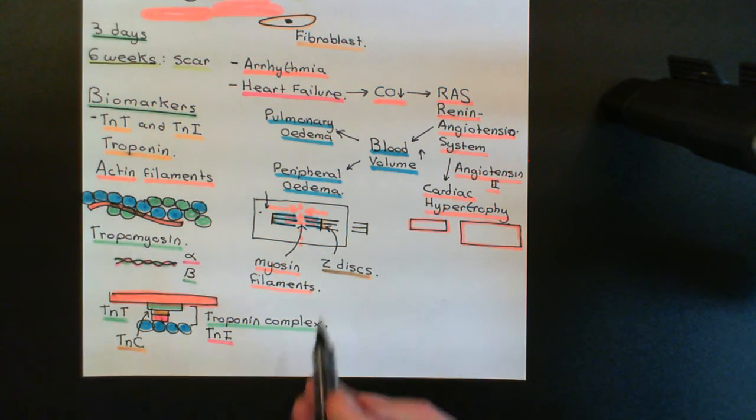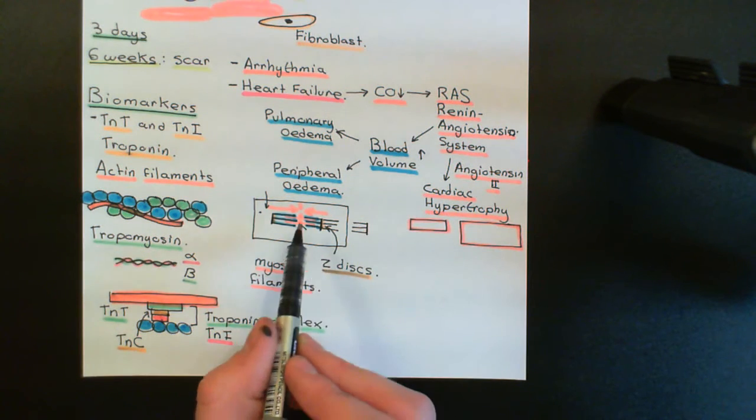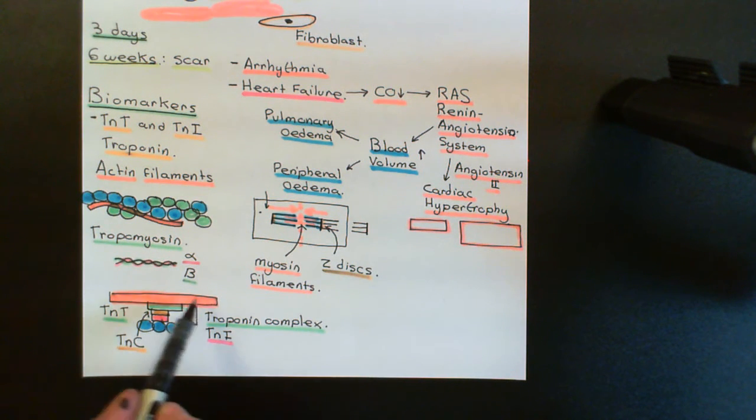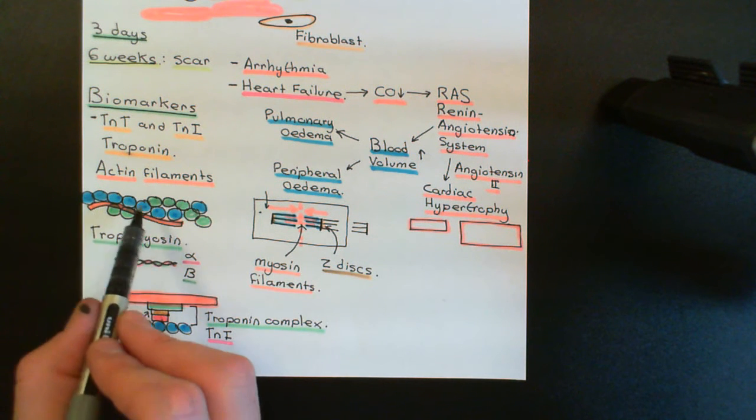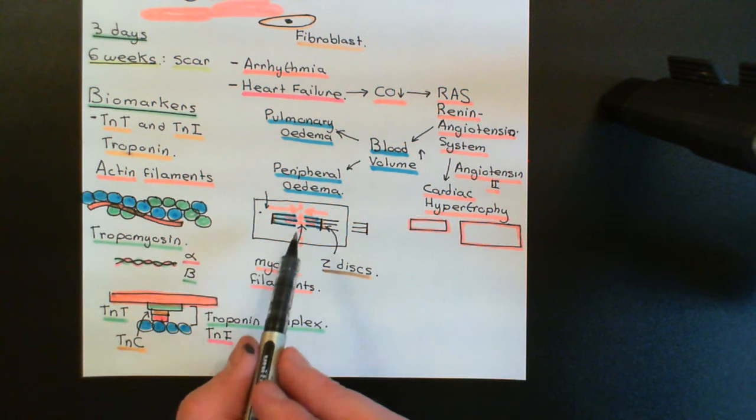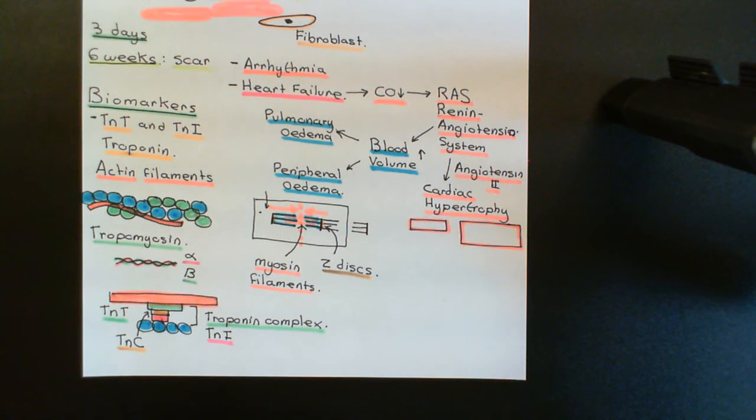Now, when a calcium signal arrives in the cardiomyocyte, calcium will bind to troponin C. The troponin complex will change conformation and move the tropomyosin protein so that it no longer actually obstructs the important binding sites on the actin monomers, which the myosin monomers of the myosin filaments actually binds to.